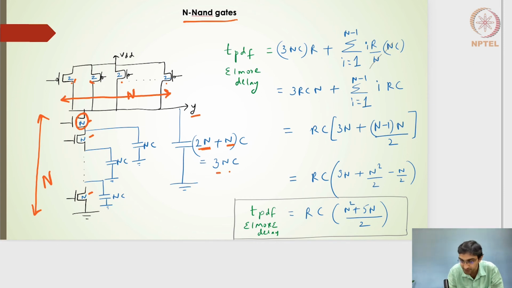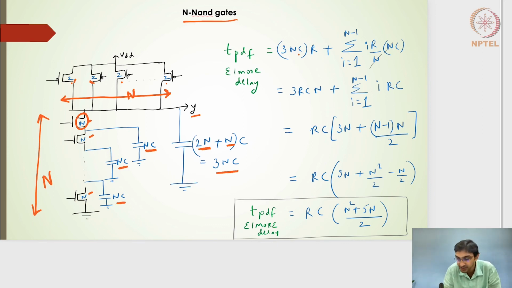So overall I'm seeing a 3nC capacitance. Using the Elmore delay method signifies that I need to account for all the internode diffusion capacitances, nC, nC, and nC, all the intermediate diffusion node capacitances.